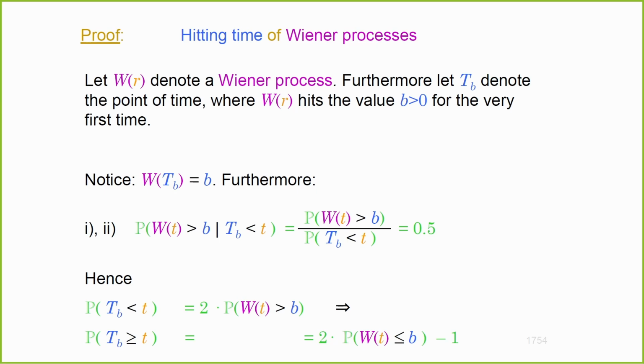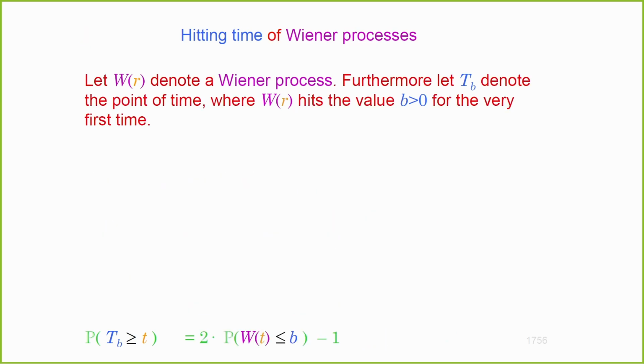Now this sounds familiar, right? Because we're going to put those things together into the following corollary. Let me make the statement again. The statement is that the probability that the hitting time, or let's say the waiting time, is greater than the current point of time, so you have to wait longer.